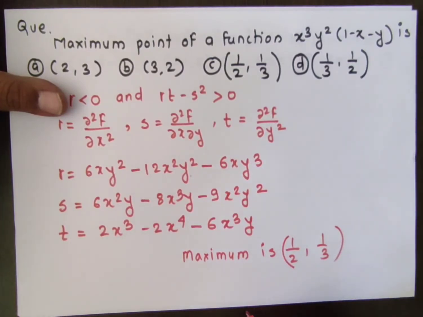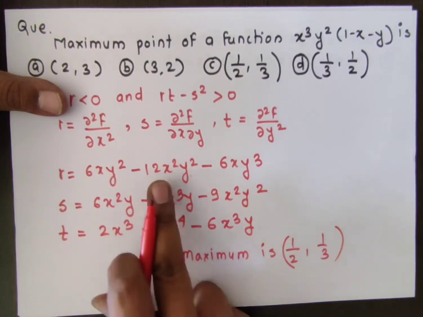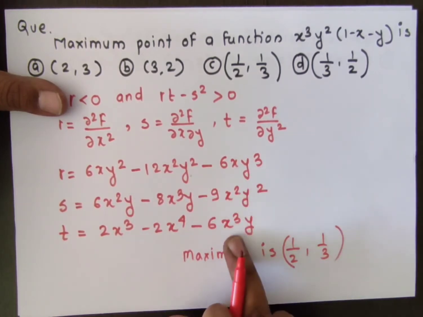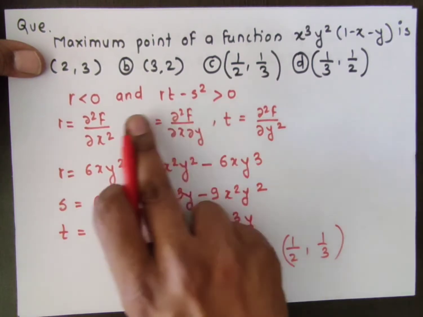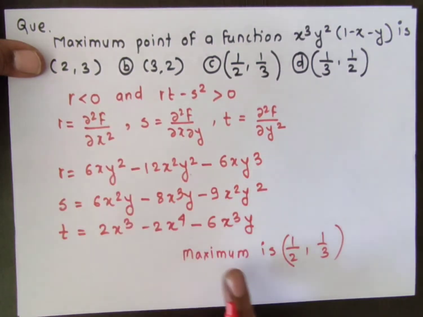Means we substitute x equal to 1 by 2 and y equal to 1 by 3 into these, and if we get rt minus s square positive and r negative, that point is our maximum. Hope you understand this methodology. Let's go for the next question.